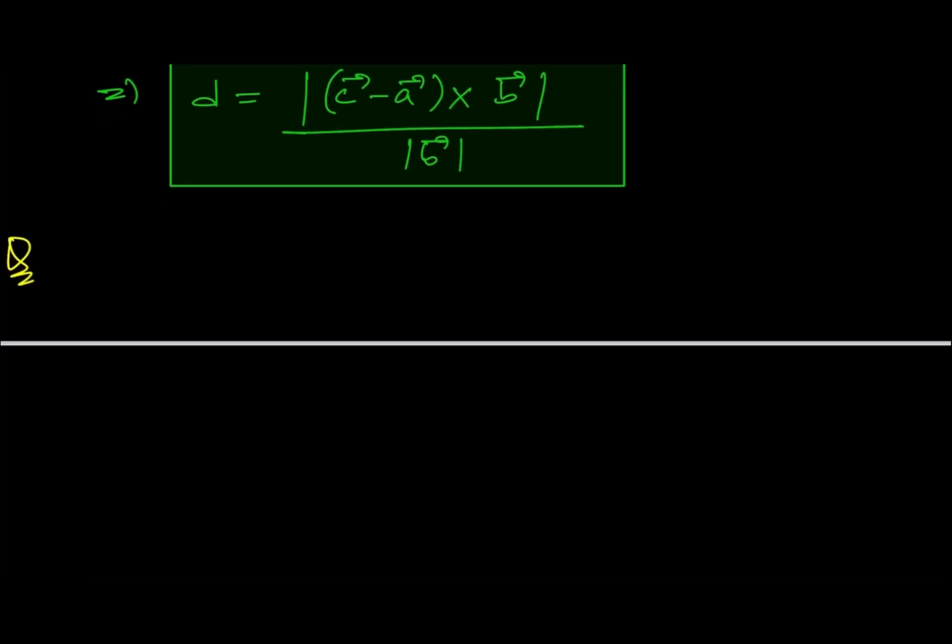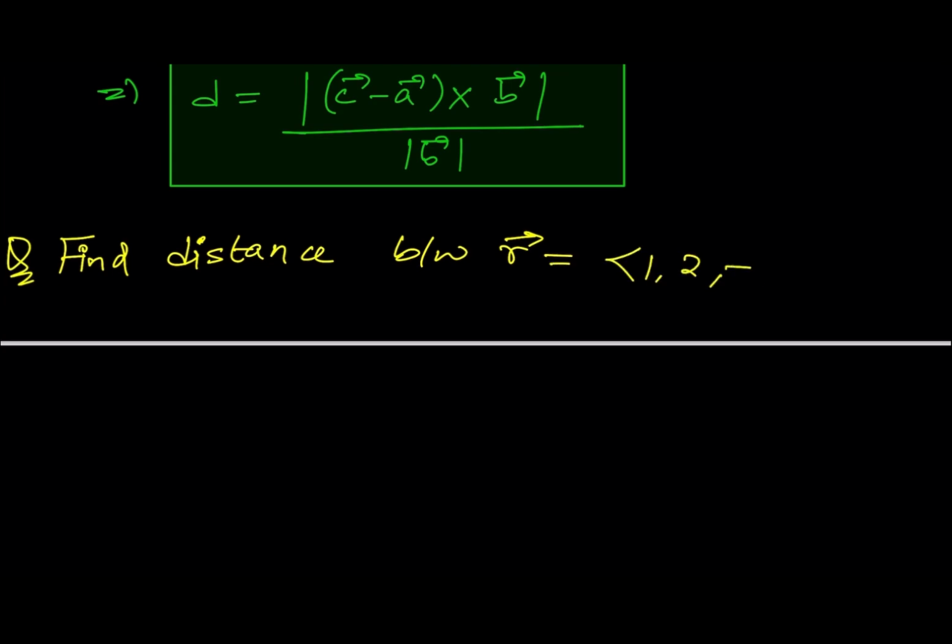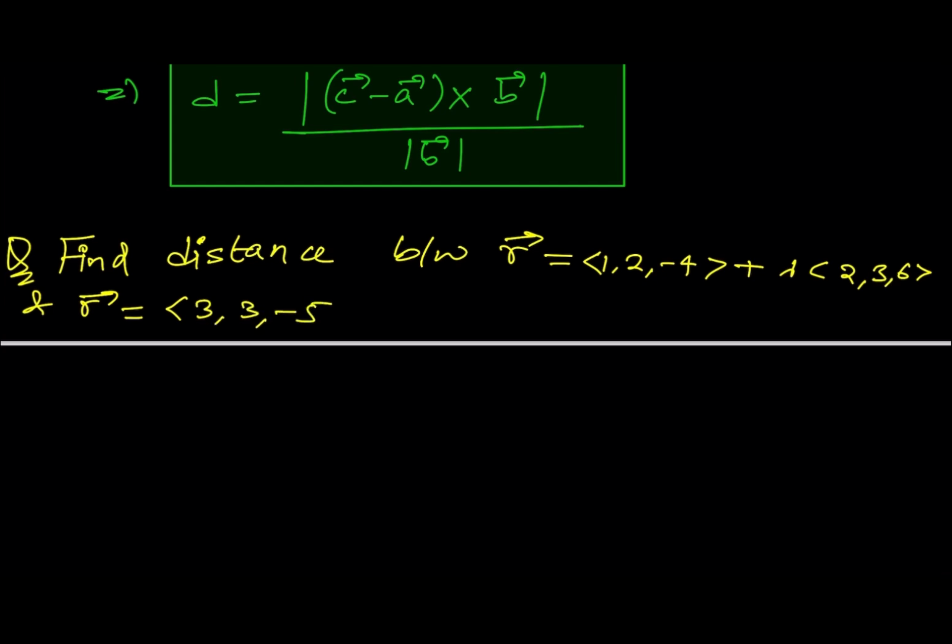Question is, find the distance between r vector is equal to 1, 2, minus 4 plus lambda times 2, 3, 6, and r vector is equal to 3, 3, minus 5 plus mu times 2, 3, 6.